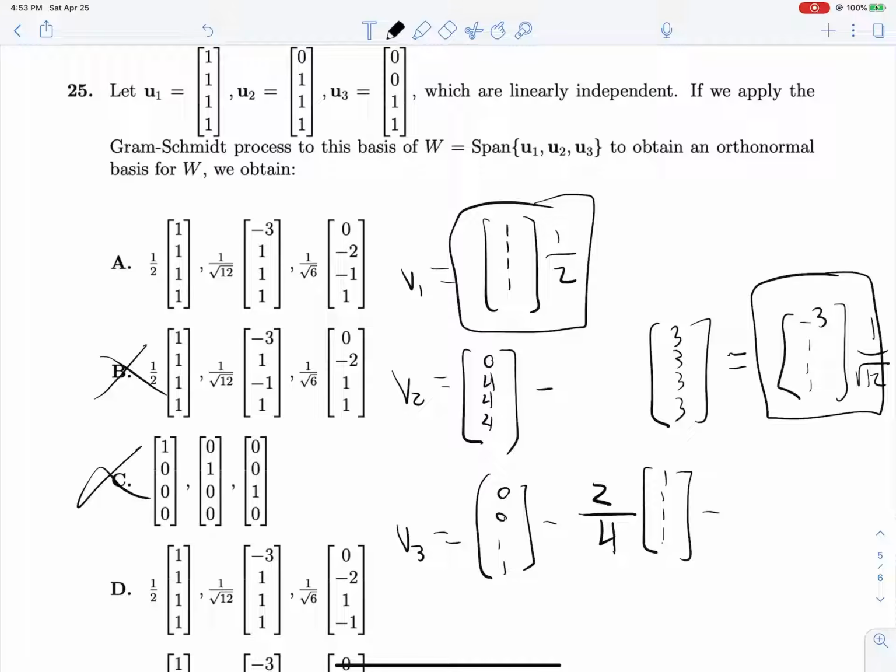Okay, now finally we're subtracting out the projection of U3 onto V2. That gives us 2 over 12, so 1 over 6 multiplied by -3, 1, 1, 1. Okay, this is 1/2 or 3/6. Let's multiply everything by 6.